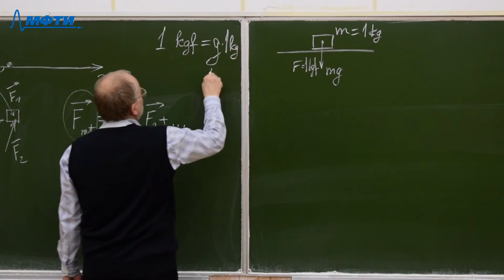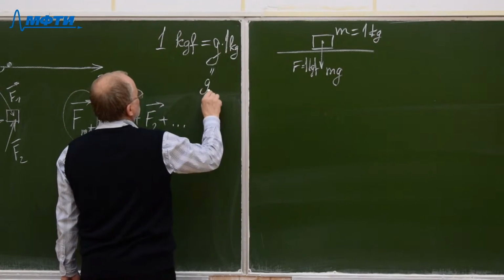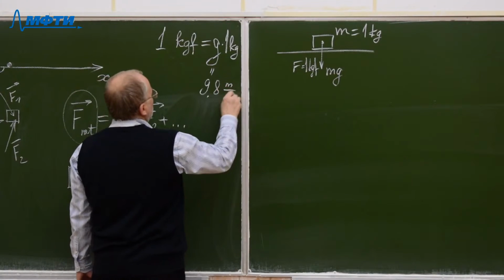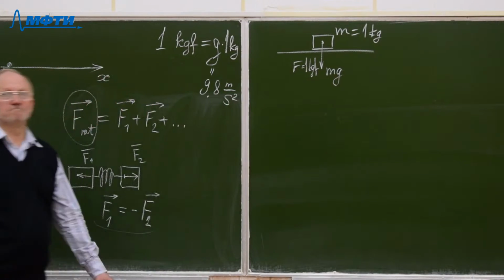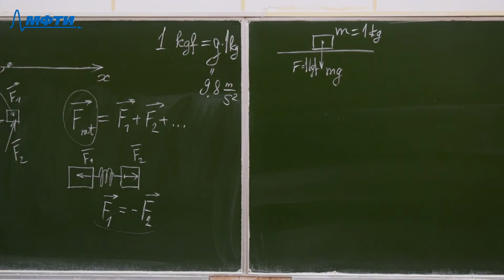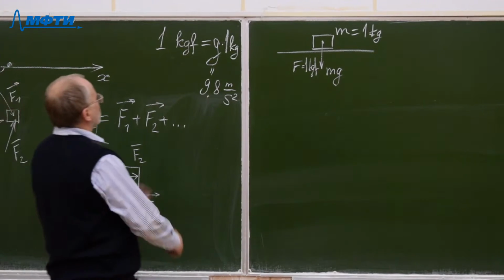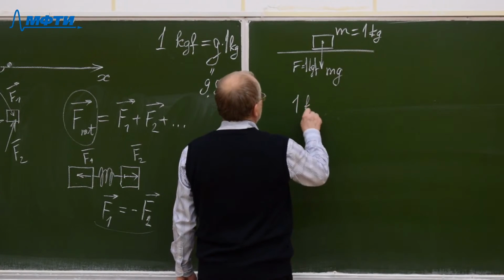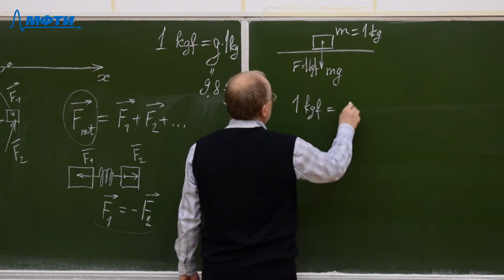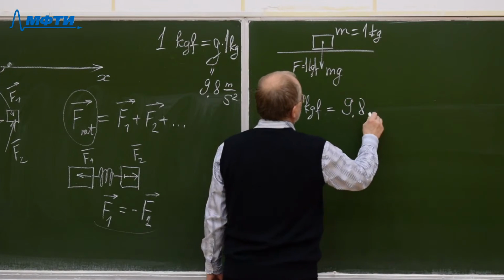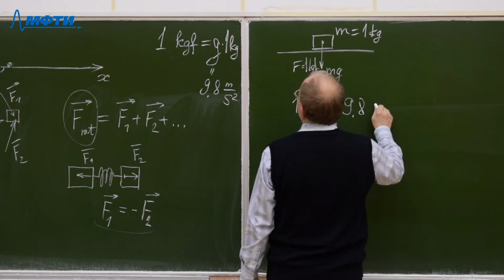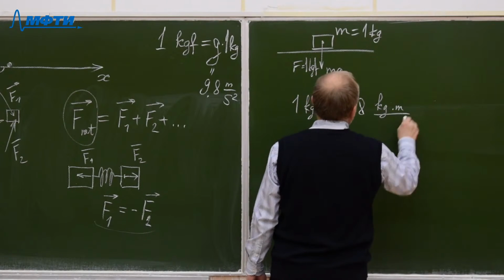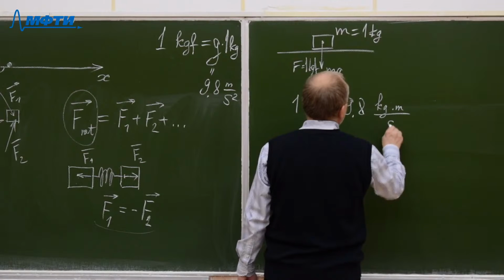So 1 kilogram force is acceleration of free fall times 1 kilogram. And acceleration of free fall is approximately 9.8 meters per second squared. So 1 kilogram force is 9.8 kilograms by meters per second squared.